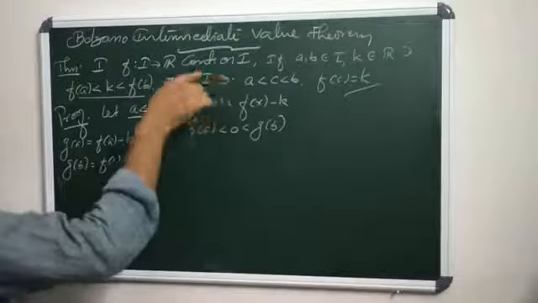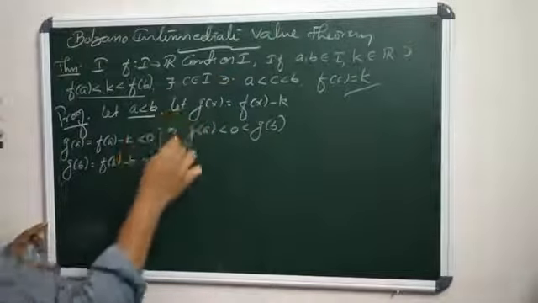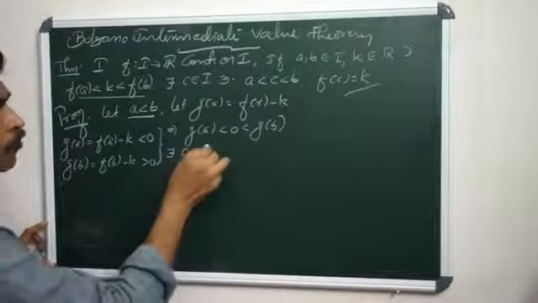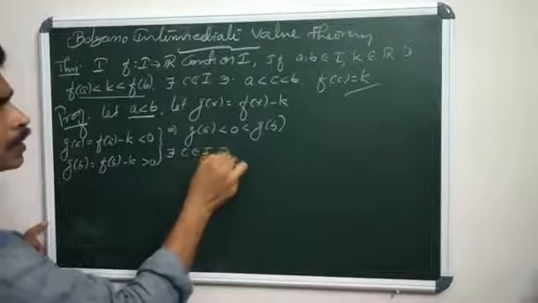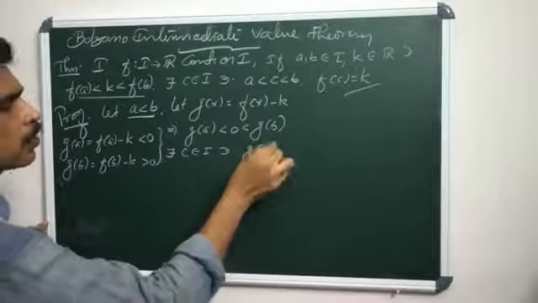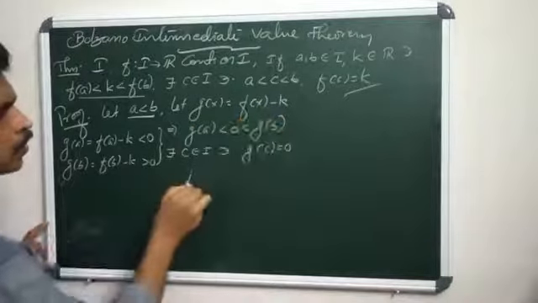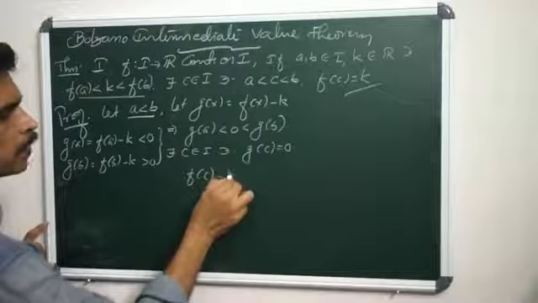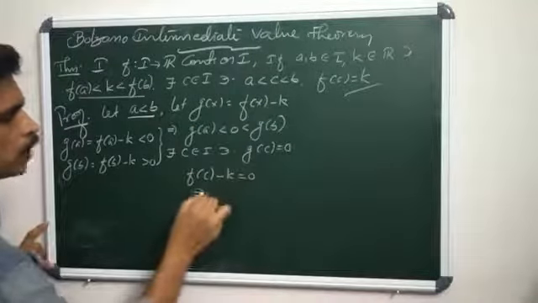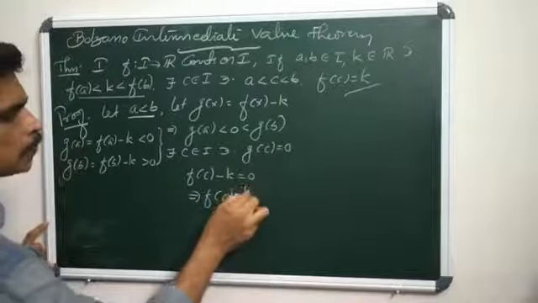So by the previous theorem, the location of roots theorem, there exists c in I such that g(c) equals 0. What is g(c)? That is f(c) minus k equals 0. That means f(c) equals k. Okay.